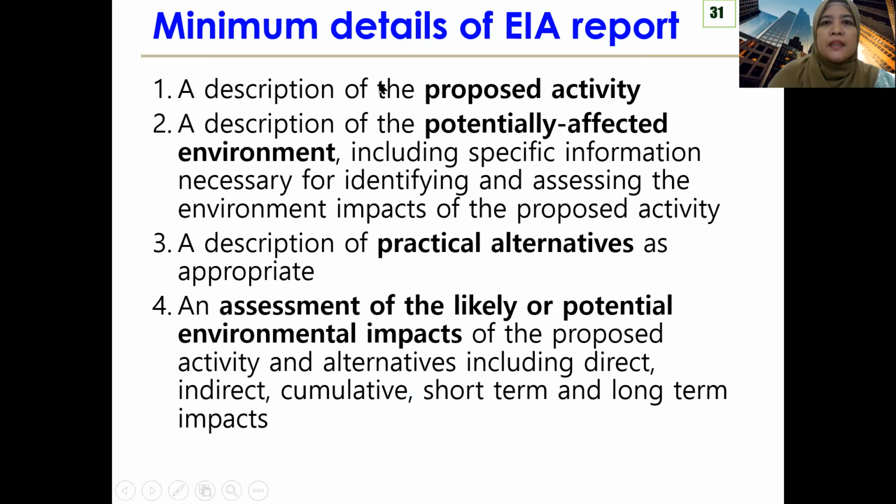So the minimum details of the EIA report, what are required, at minimum, to be included in EIA reports? The first one is a description of the proposed activity. Just describe it.